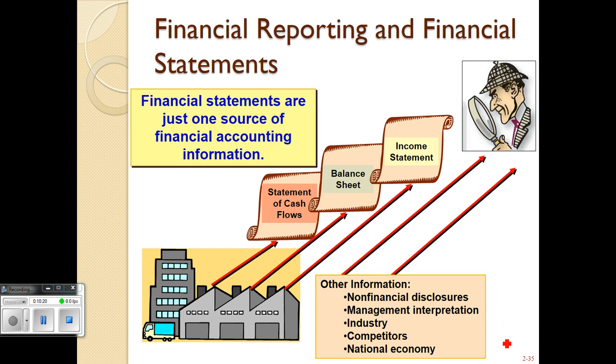It's called the notes to the financial statements, and generally things like this will be included in some of those notes to the financial statements and/or management's discussion. They'll almost always have some sort of management discussion and interpretation. They'll have some disclosures, perhaps some notes. Industry, competitors, and national economy, they may or may not have, but you need to consider those items when evaluating the financial statements.